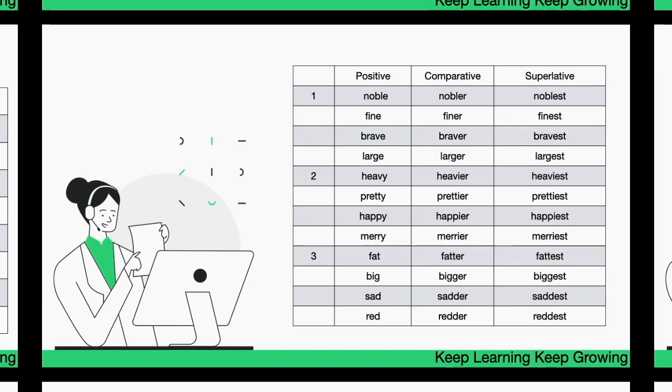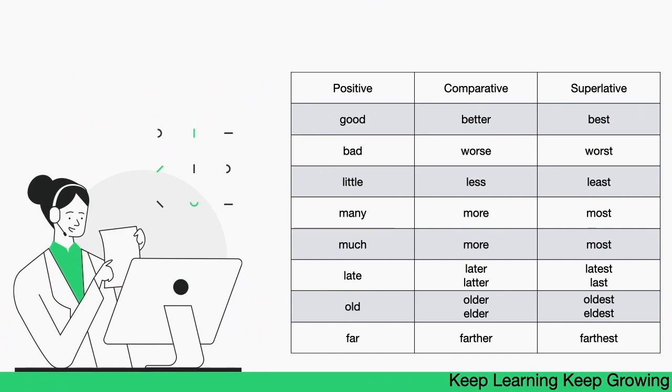Now moving on to the next table, and this table shows comparison of irregular forms. In positive we have good, comparative better, and the superlative is the best; bad, worse, worst; little, less, least; many, more, most; much, more, most.